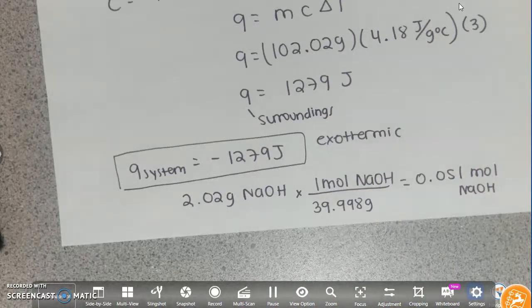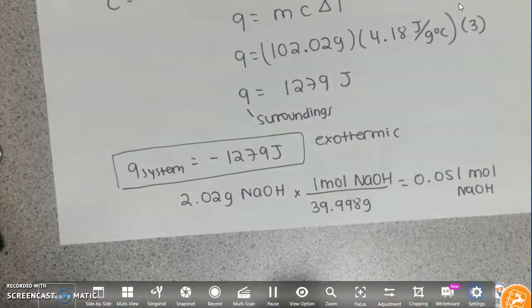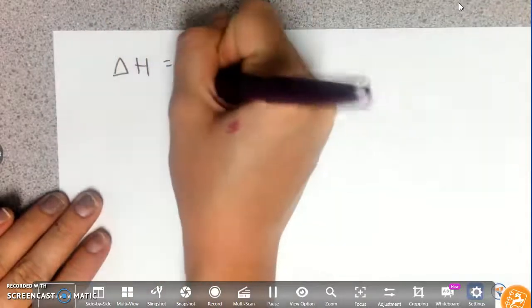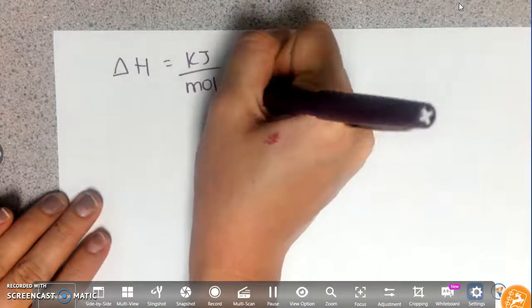Okay, and now let's look at what comes next. You find your moles of sodium hydroxide. Determine the heat change for the solution, or your delta H. Now, you should know delta H is kilojoules per mole of reaction.